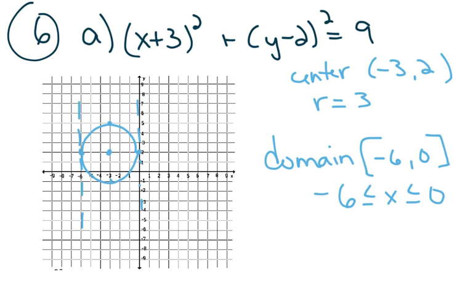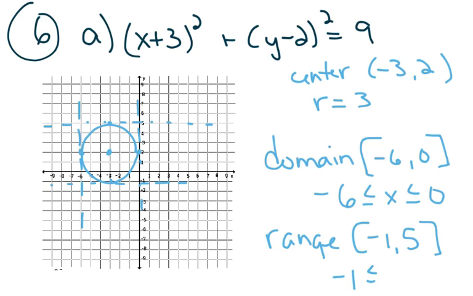The range, the y values, go as high as 5, but as low as negative 1. And since they include those numbers, that's why we use the brackets in interval notation, or you can write it like this in the regular notation.